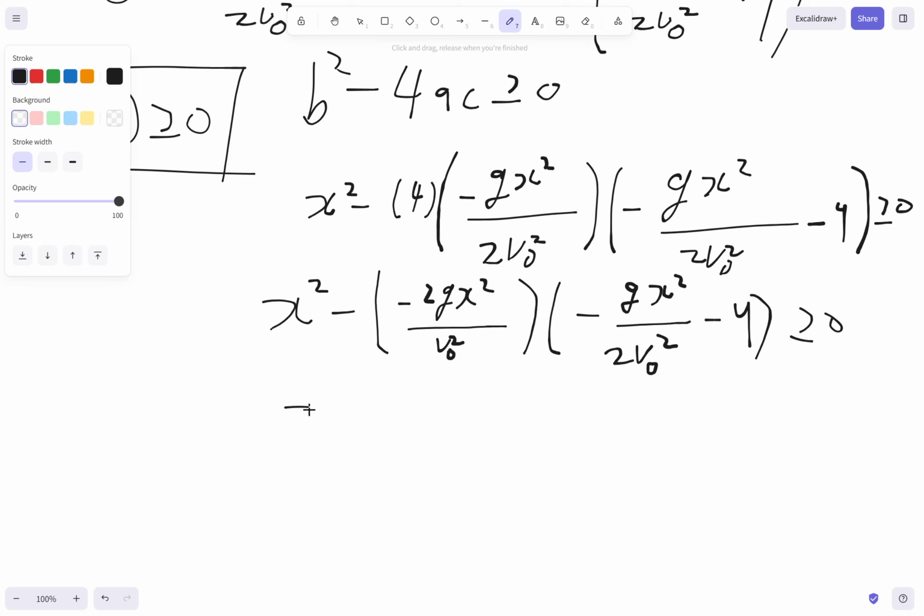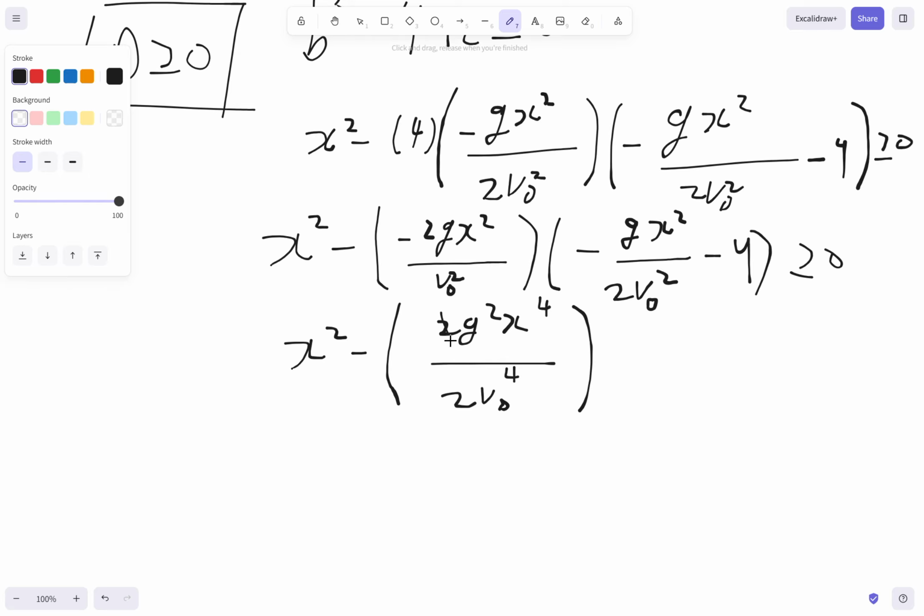So we're going to do x squared minus 2g squared x to the 4 all over 2v0 to the 4. Bang. Oh, shoot.